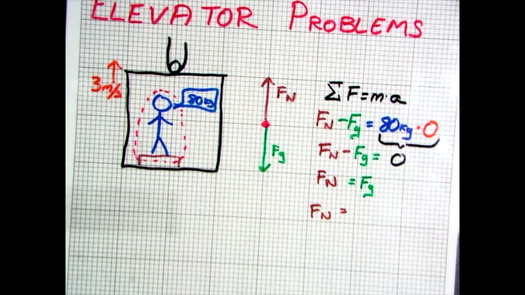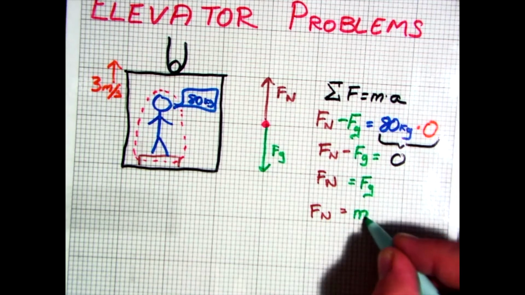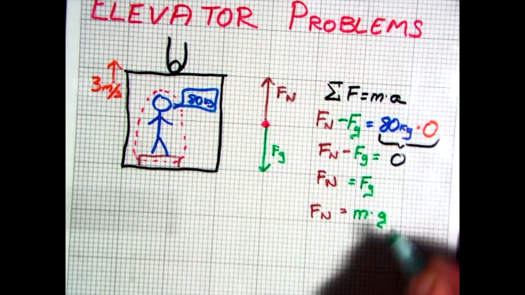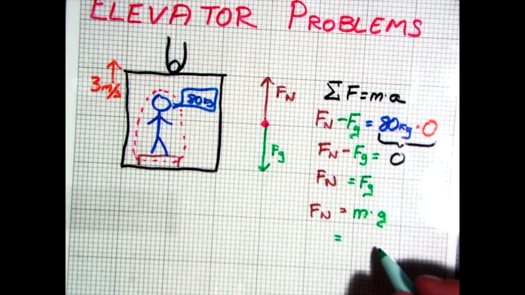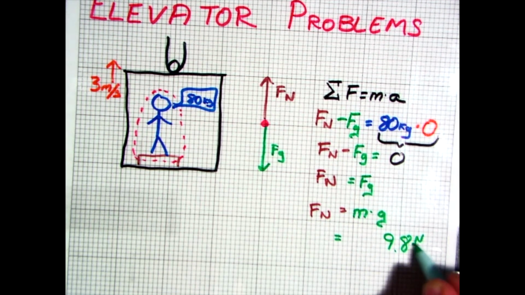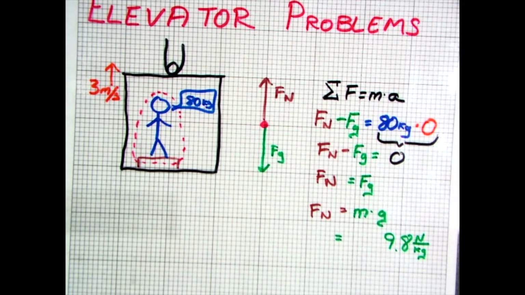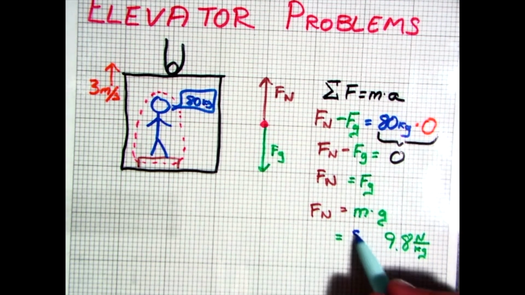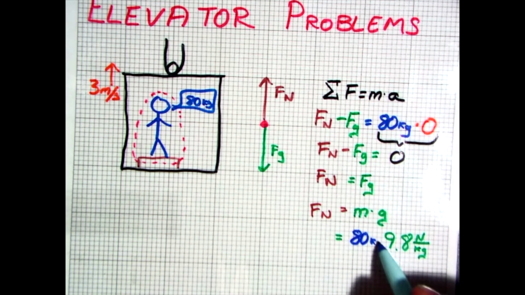Taking this one step further, we can calculate what the force normal is, which is equal to the force of gravity, and you can calculate the force of gravity by m times g, where g is the strength of Earth's gravitational field, which is 9.8 newtons per kilogram, and the mass of the little dude is, of course, 80 kilograms.